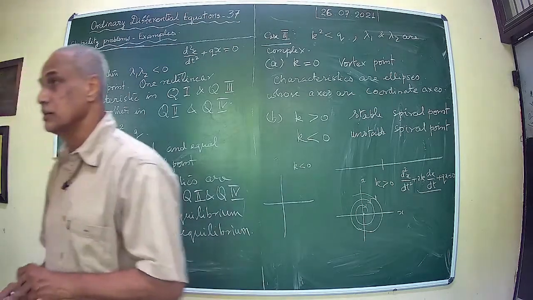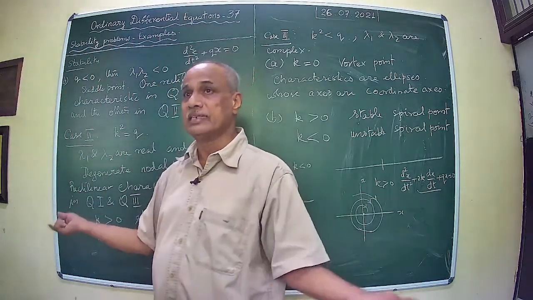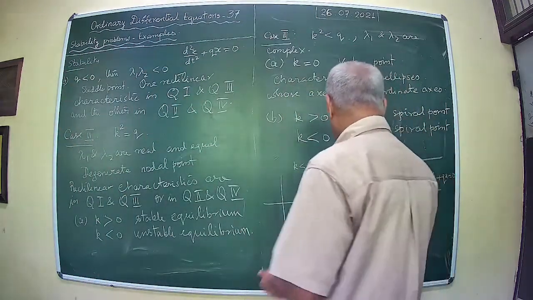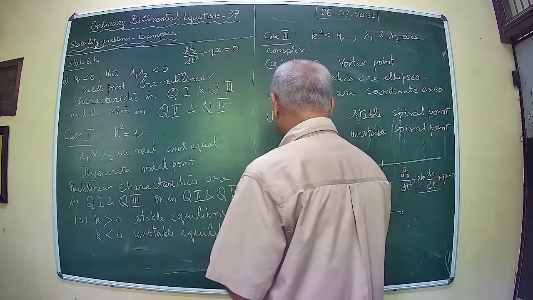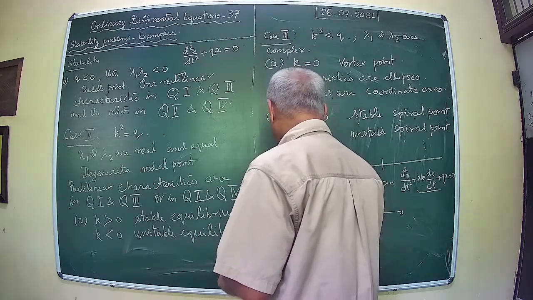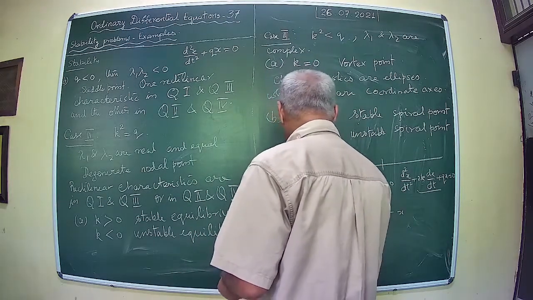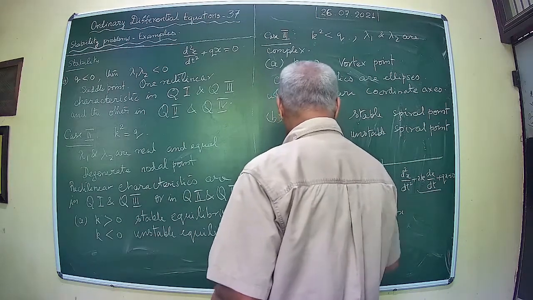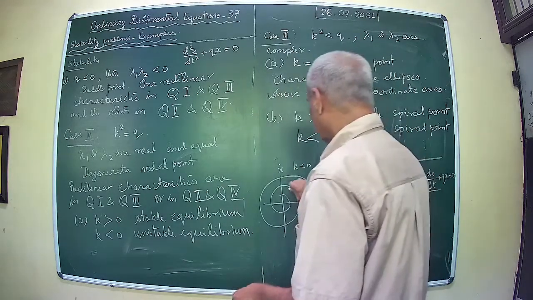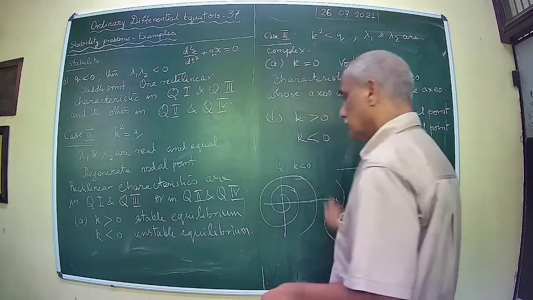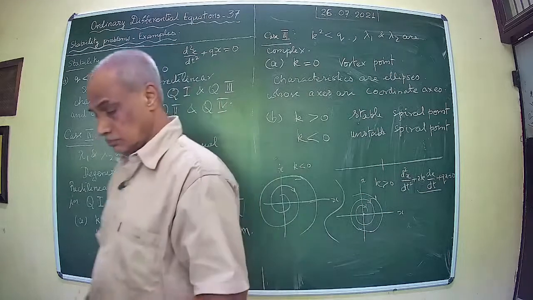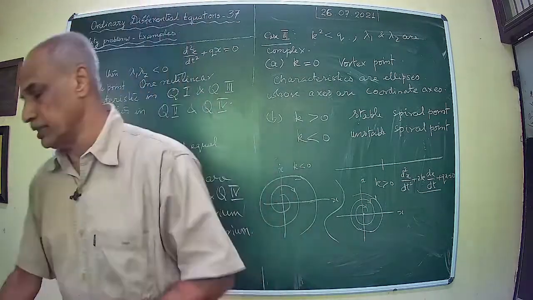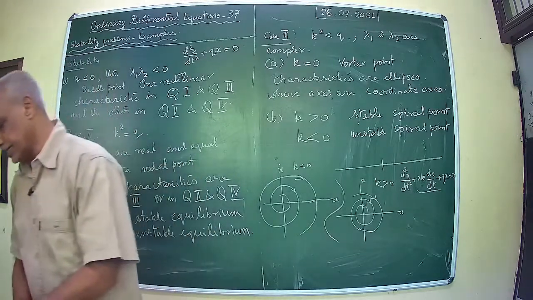So the whole thing will be unstable. So you have the corresponding spiral running away. So the amplitude will start increasing and will eventually go to infinity. That's the scenario that you have.